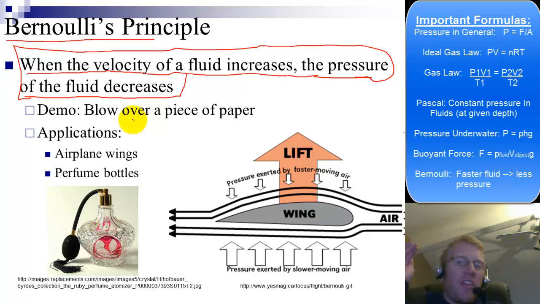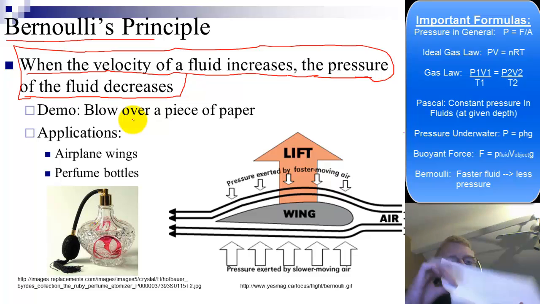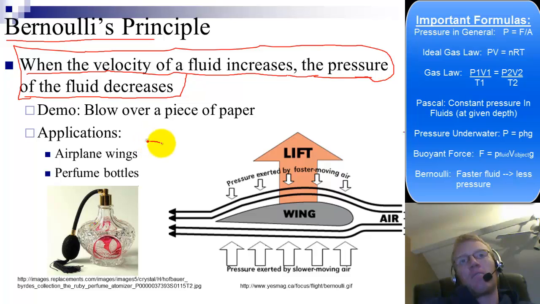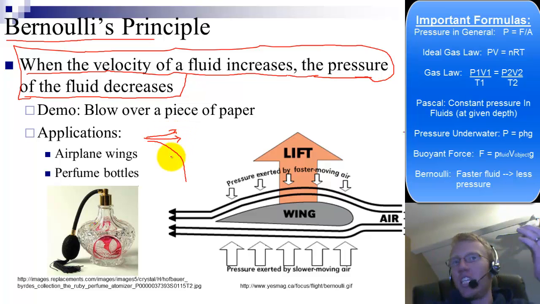So you might think that should blow the paper down, but if you blow just above the top of the paper, so the paper is falling off like this, and you blow air out this way, the moving air right here has less pressure than the air down here. So the air down here is still, the air up here is moving.